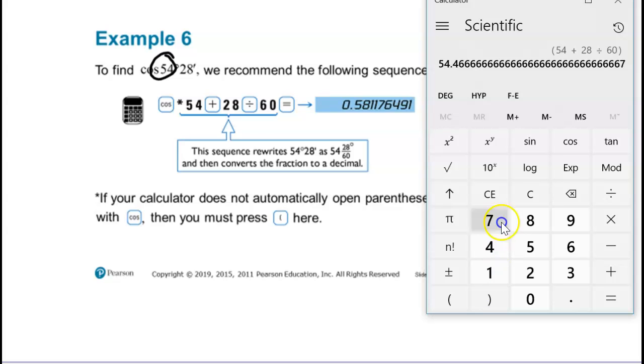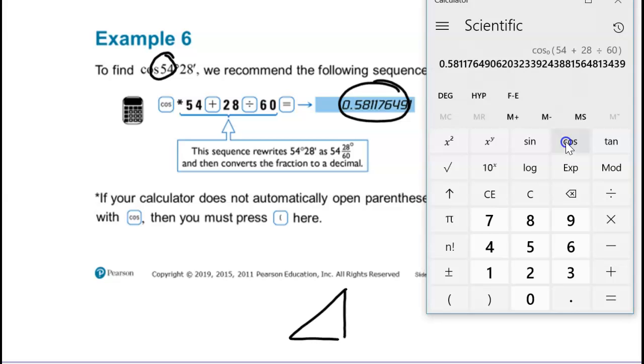After I get this number, then for my calculator, I have to hit cosine, which gives me the same answer as what they have here. And more importantly, let's not forget what we're doing here: the cosine of the angle they were looking at, 54 degrees and 28 minutes.